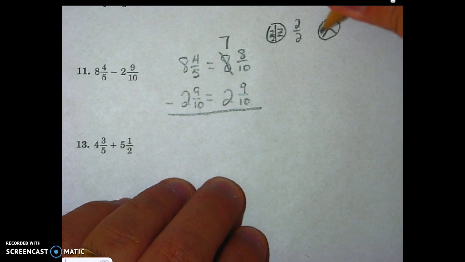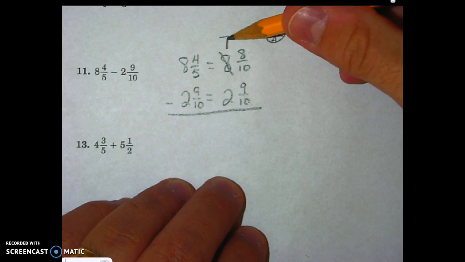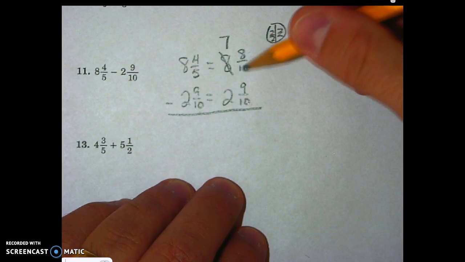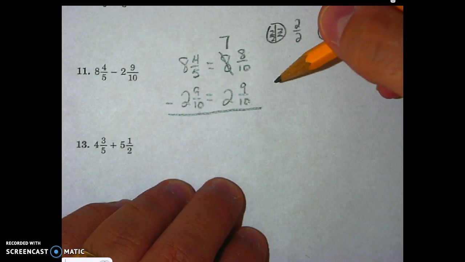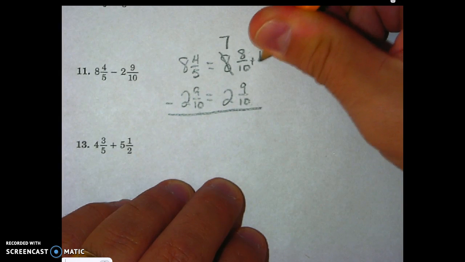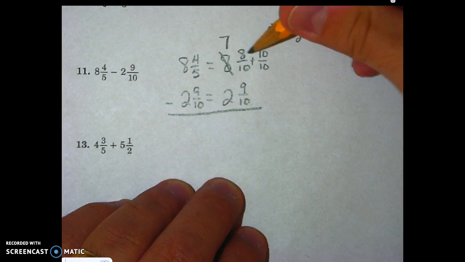This is 1/3, 2/3, 3/3. Any number over itself is a whole number. So I'm going to put this whole number into that fraction as 10/10 because we're already dealing with tenths in our denominator. And so again, I'm just adding that whole number here as 10/10 to the fraction.